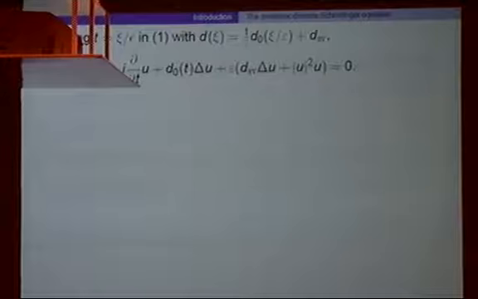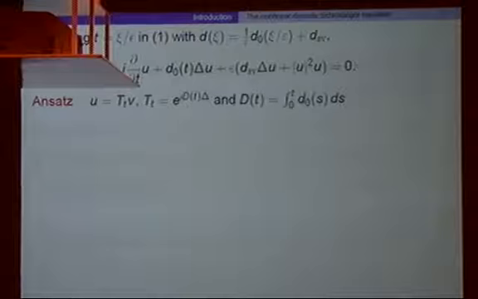And then look at this part and take the ansatz u equals T sub t v. So we want to consider the solution of the free equation here. T sub t is e to the i D of t Laplacian, where this D of t is the antiderivative of the small d sub 0 of t.